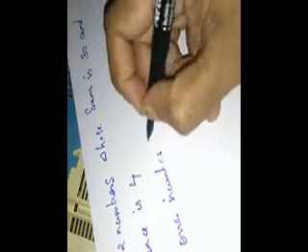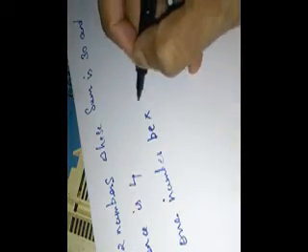So we can say let one number be x, so that the other is 30 minus x. The difference is 4.